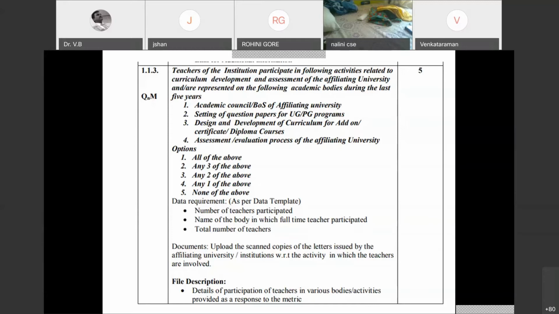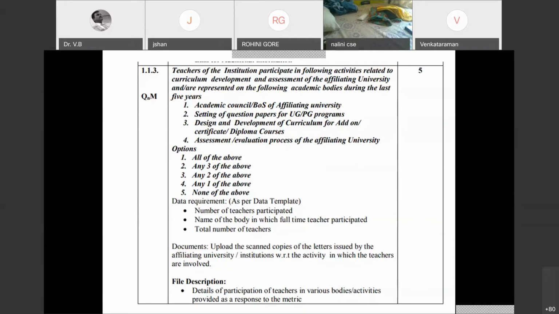And here, as you can see, the data template. If you remember, in session 1 we had given a list of documents which had to be downloaded from the NAAC website. In that list of documents itself, we have indicated that you have to download these templates.